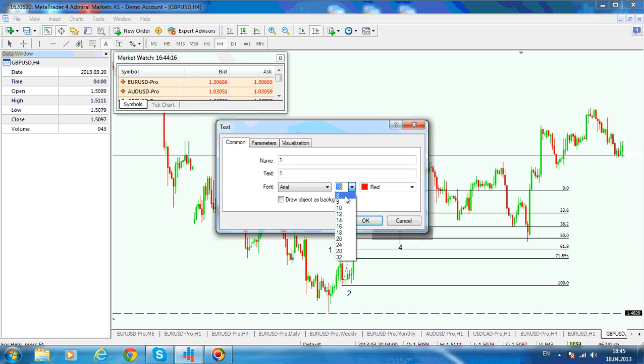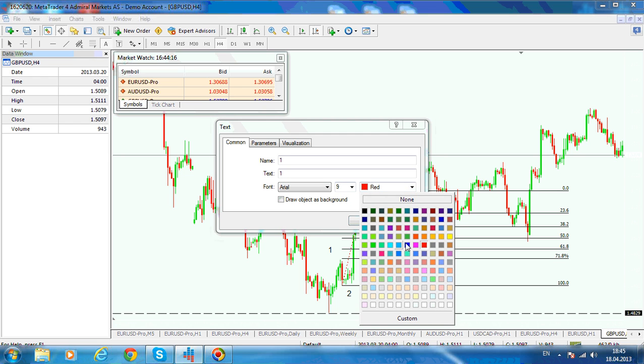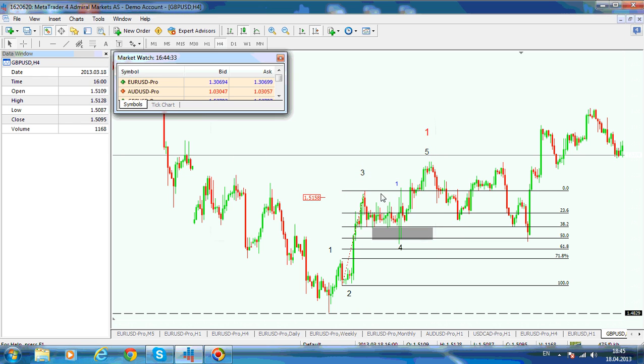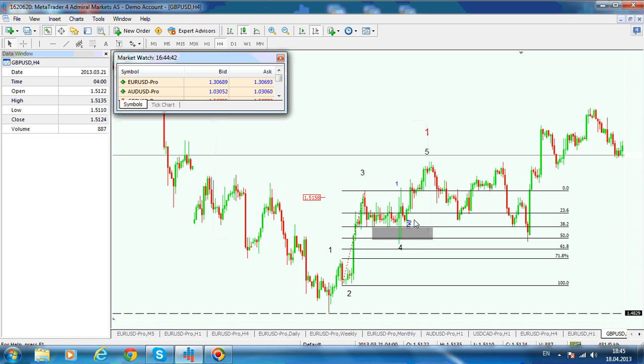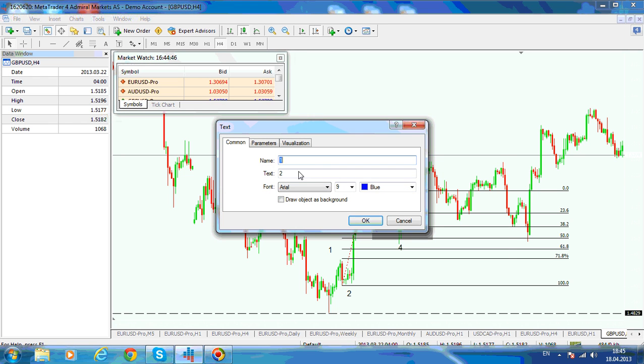Let's make it, for example, 9, okay? Make it blue so that you know that it is a slower cycle, so 1, and this normally should be a 2, so the second wave, the third wave in here, or the third wave in here, it depends on the expansions, okay, and the type and the structure that you're looking for.